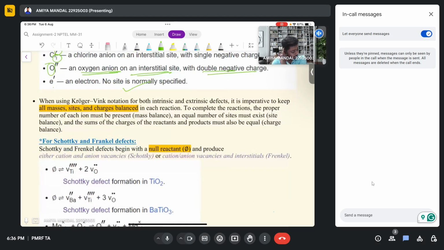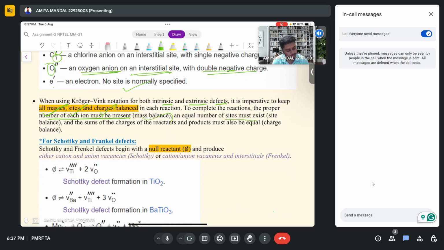Okay. Next, what is the most important property using Kroger-Vink notation? That is, all masses, all sites, and charges should be balanced in Kroger-Vink notation for both intrinsic and extrinsic defects. It is imperative to keep all this balanced. The proper number of each ion must be present, that is mass balance.